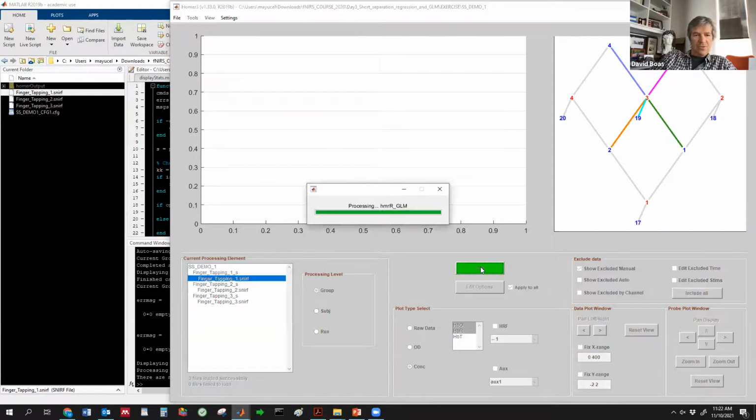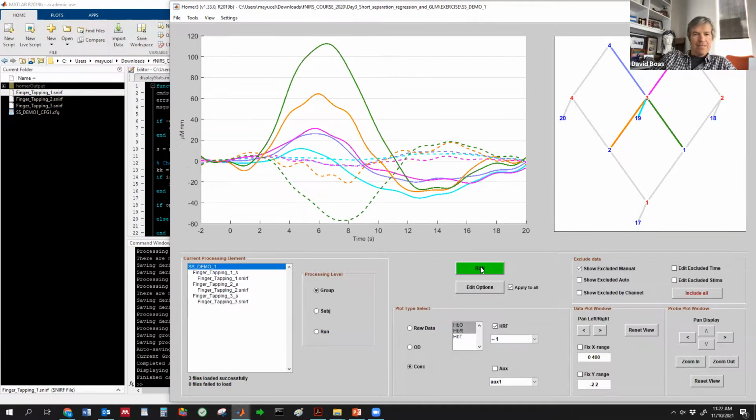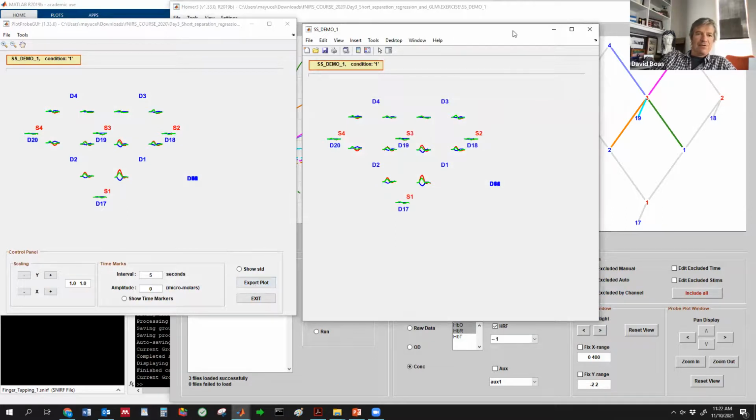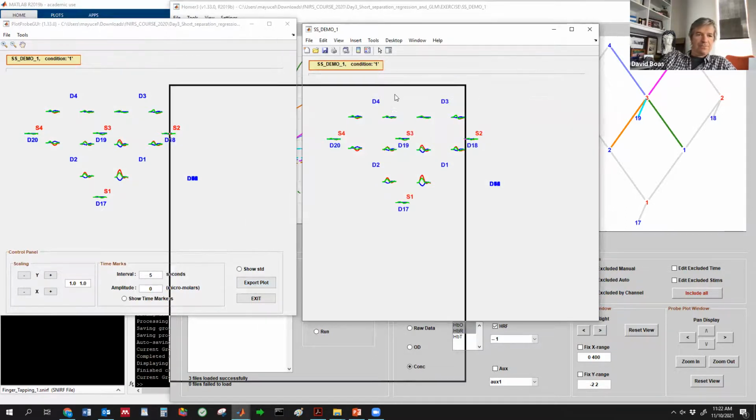So I just run this for the whole group, and it goes through all the subjects. And there's our really nice estimation of brain activation, like plot probe. This works pretty well. I export the plot. So even without short separation regression, it works pretty well.